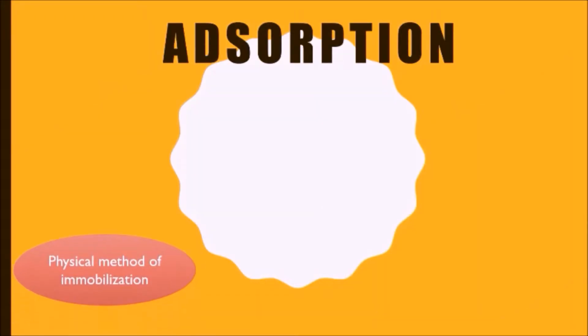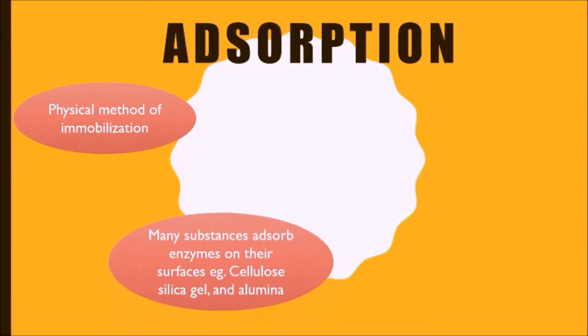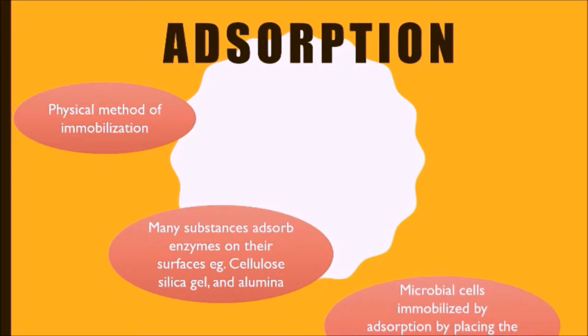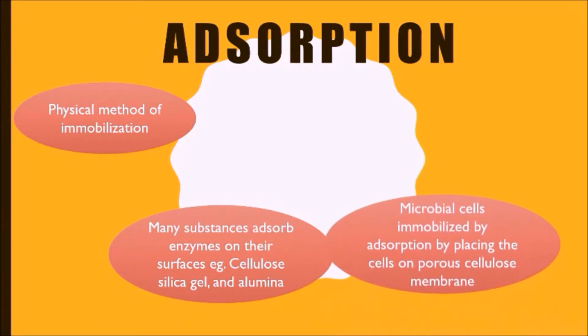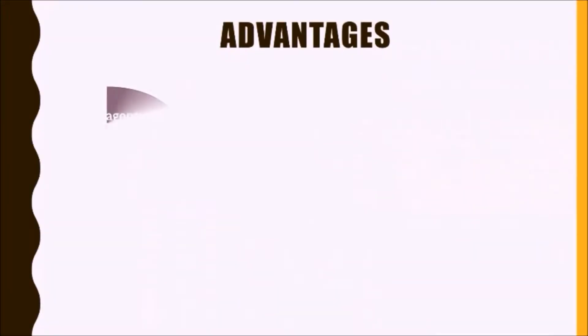Adsorption is a physical method of immobilization. Many substances adsorb enzymes on their surface, for example cellulose, silica gel, and also alumina. Microbial cells are immobilized by adsorption by placing the cells on a porous cellulose membrane.